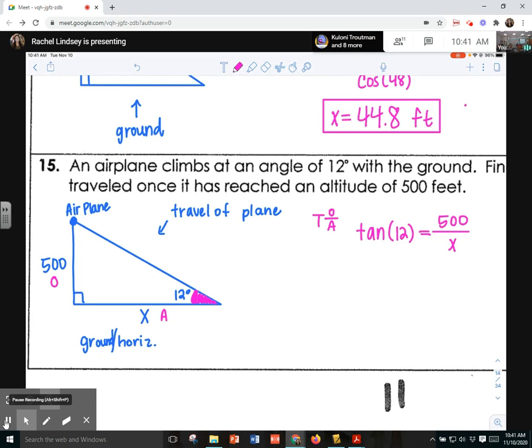Then since x is on the bottom, gotta switch the place of the tangent and the x. So I'd have x equals 500 over tangent 12. That should give you 2,352.3.